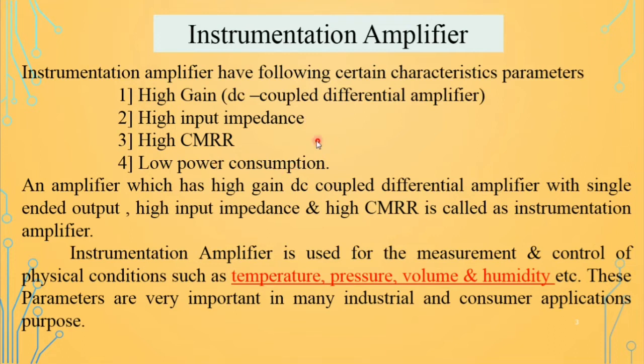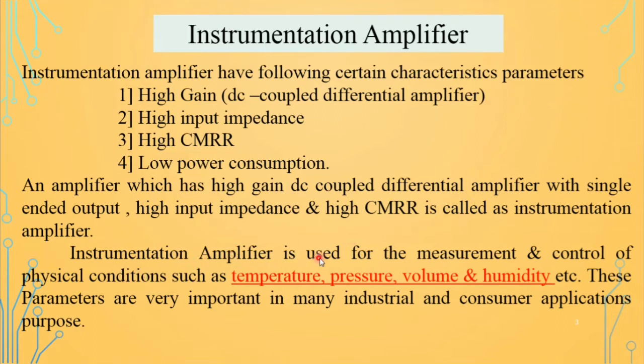These are the characteristics of the instrumentation amplifier. An amplifier which has high gain, is a DC coupled differential amplifier with single ended output, high input impedance, and high common mode rejection ratio is called an instrumentation amplifier.